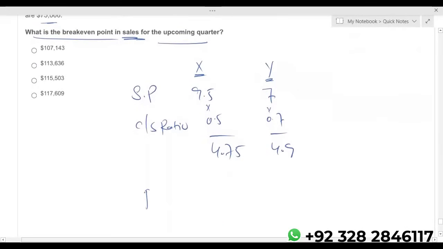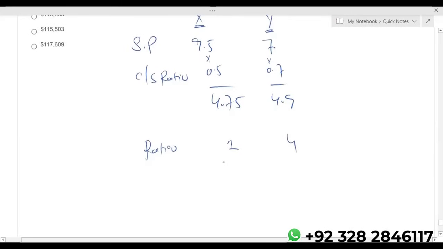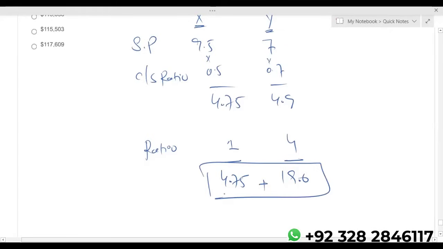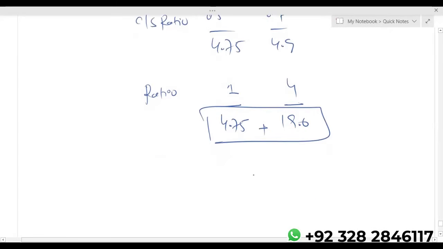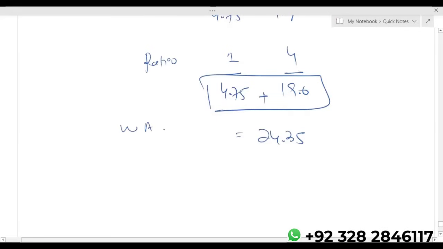Ratio is 1:4. That will give us the total weighted average contribution. 4.9 multiplied by 4, I'm getting 19.6. So logically, if I add both of them, I'll get weighted average contribution. Weighted average contribution is 24.35.